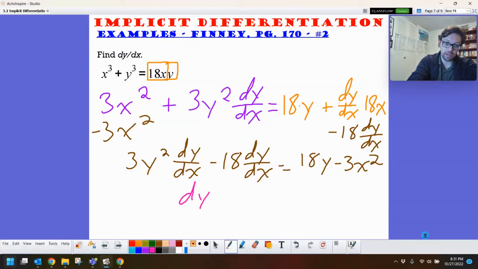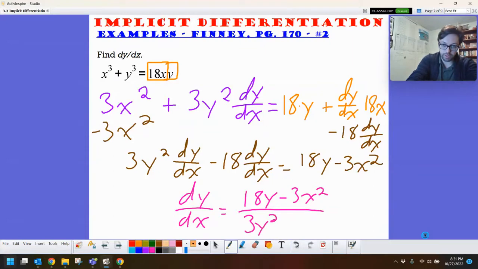So dy over dx is going to equal 18y minus 3x squared over 3y squared minus 18. Now, if you're feeling fancy, you could cancel a 3 from all of that stuff. They might do that in a sneaky kind of multiple choice question. You can divide all those terms by 3 to make it 6y minus x squared over y squared minus 6.